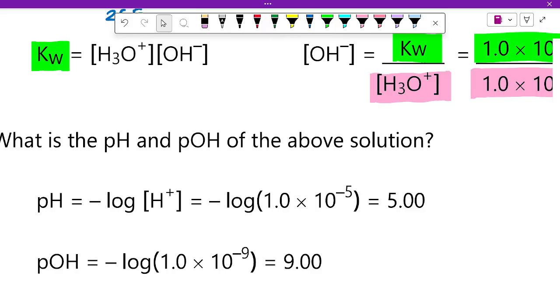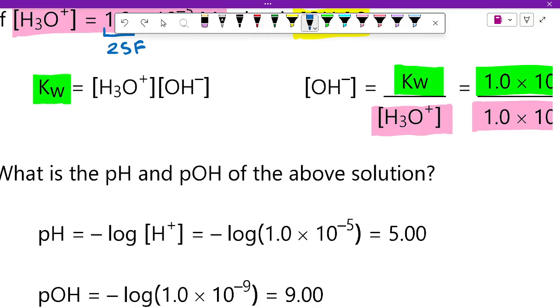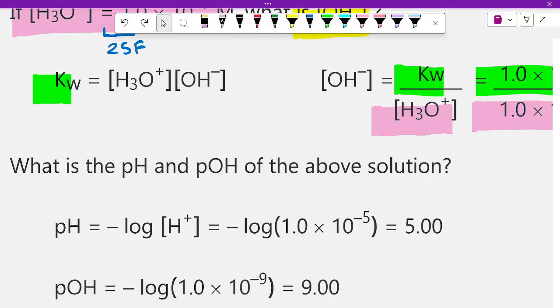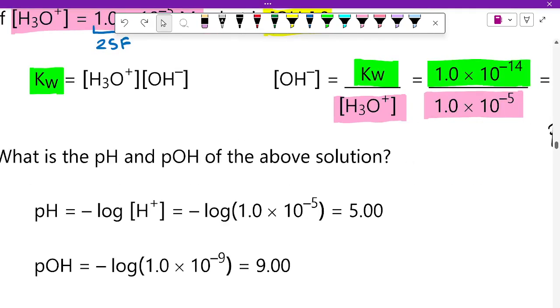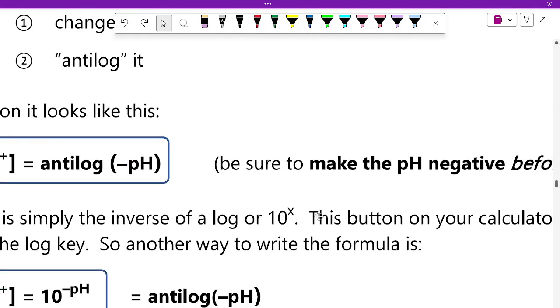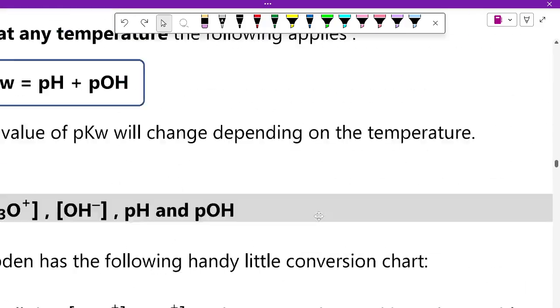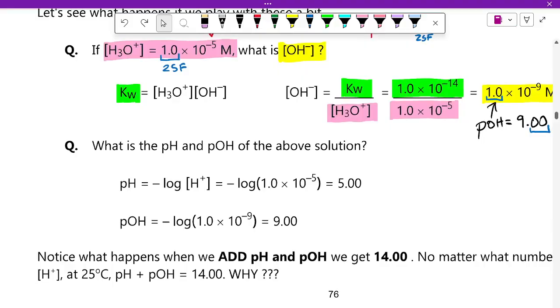So when we add these two, our pH plus our pOH, what do we get? We get 14. There we go.